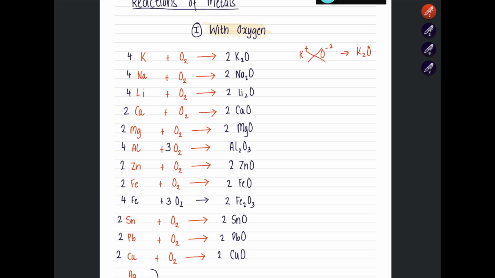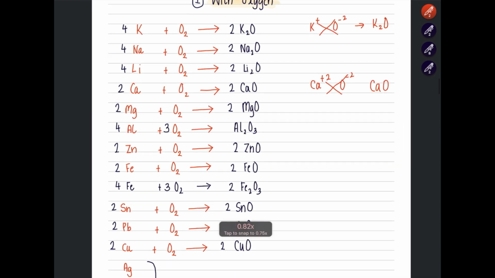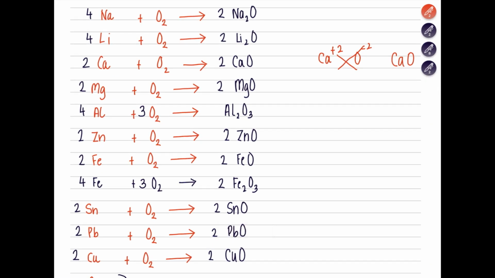Now if we look at calcium, it is in group 2. So it forms a Ca2+ ion and oxygen is 2-, and we'll get CaO. Just like that, iron is a transition metal, and it can have variable ionic states including Fe2+ and Fe3+, but oxygen is only 2-.